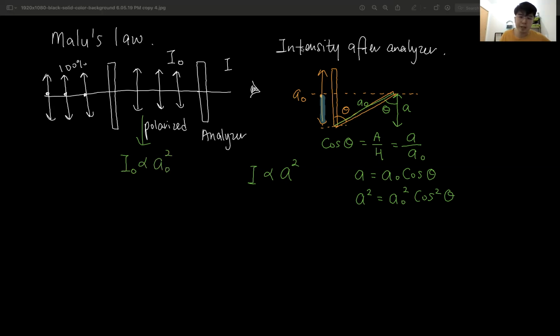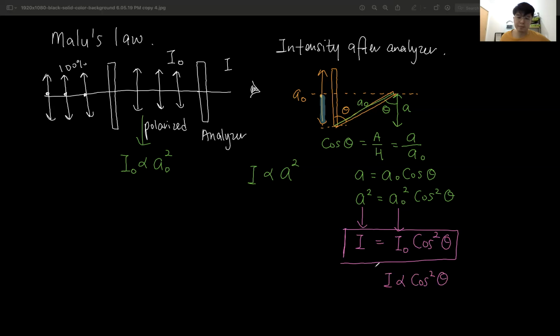So we can change this one to I, and we can also change this to I naught, with cos square theta, the rest is the same. We get this equation here, and we can also write I is proportional to cos square theta.